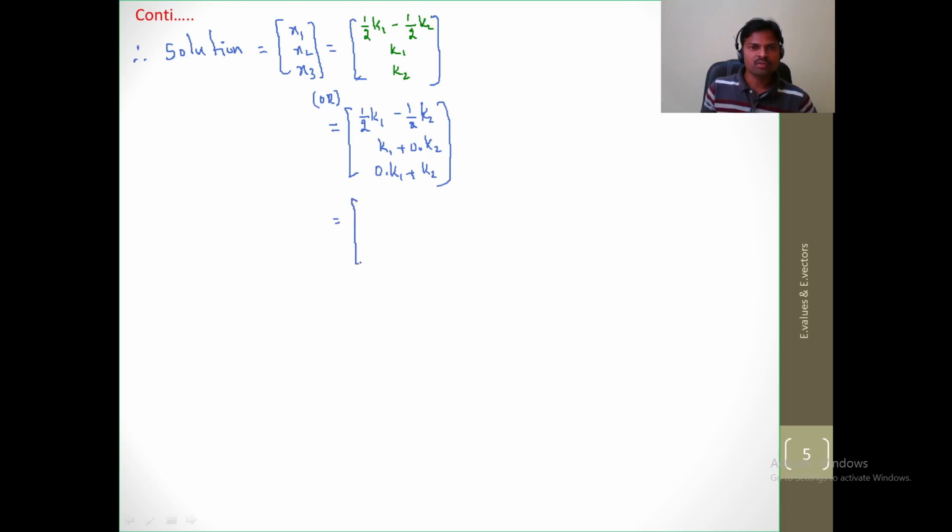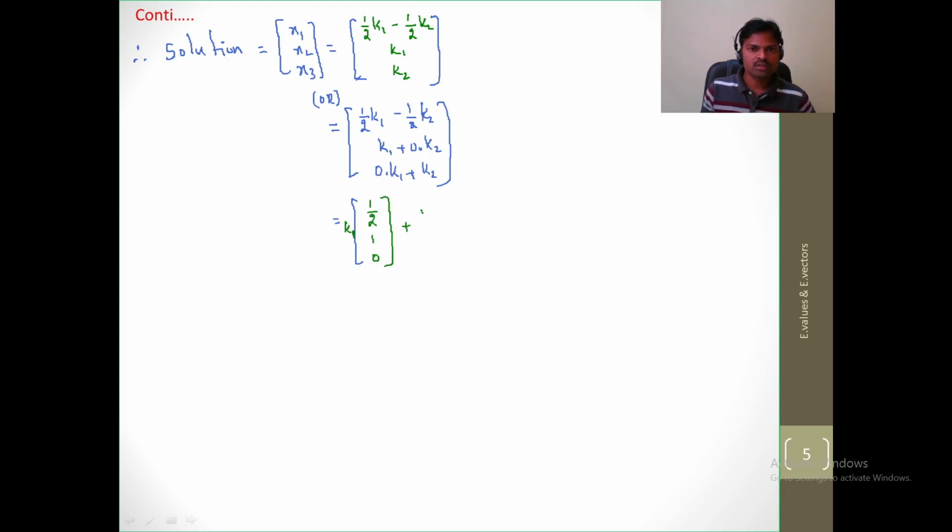So now here what happens? Let us take k1 common. If you take k1 common, half, and the second entry is 1, in the third entry the k1 entry is 0, like this.